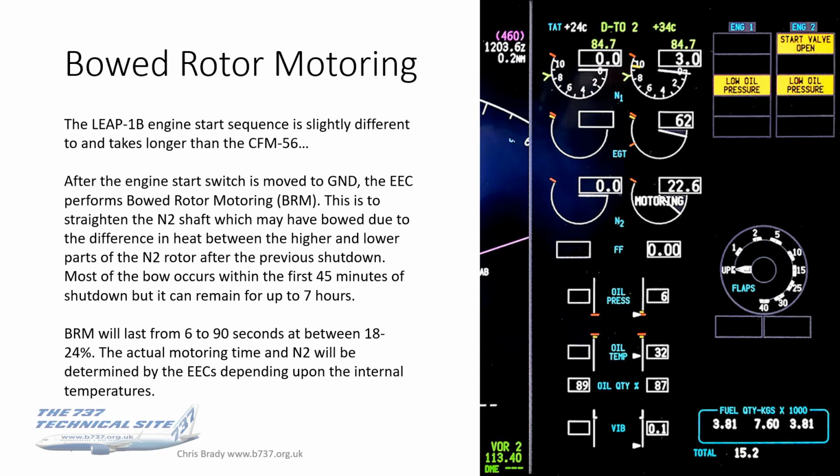But anyway, the EEC then starts a bowed rotor motoring sequence, and this is to straighten the N2 shaft, which might have bowed, i.e. dipped or bent, due to the difference in heat between the higher and lower parts of that rotor from the previous shutdown. Now, most of the bow occurs within the first 45 minutes of shutdown, but it can remain there for, we're told, up to 7 hours. So potentially you could have this longer start up to 7 hours after a previous flight.